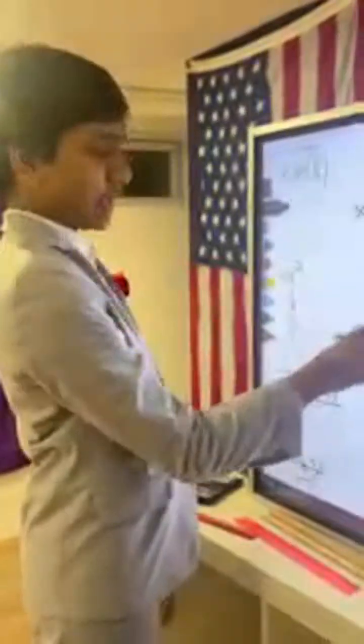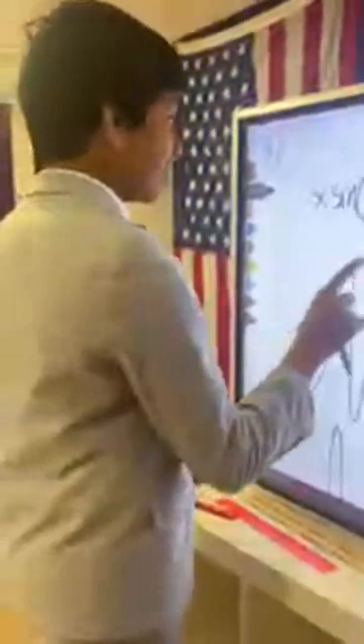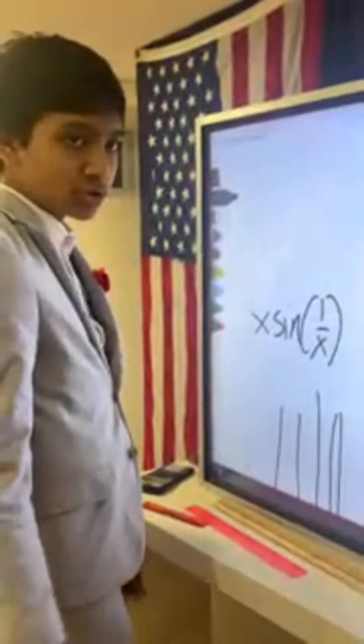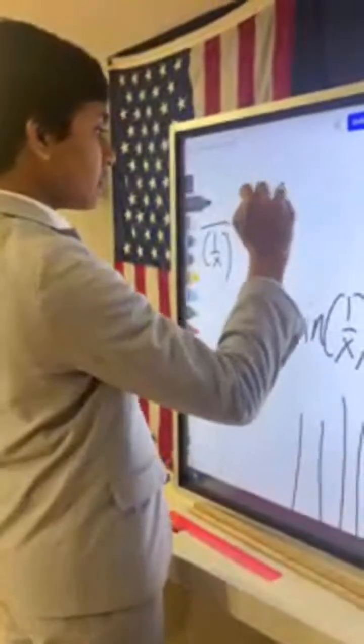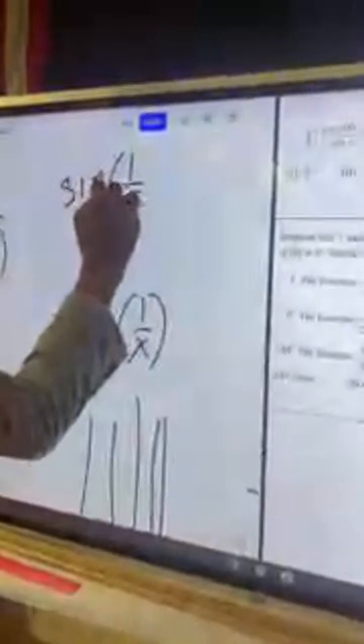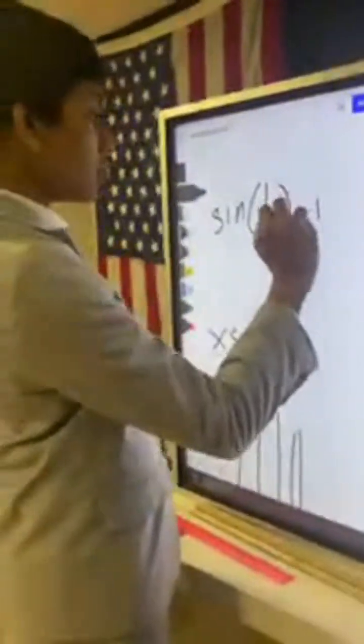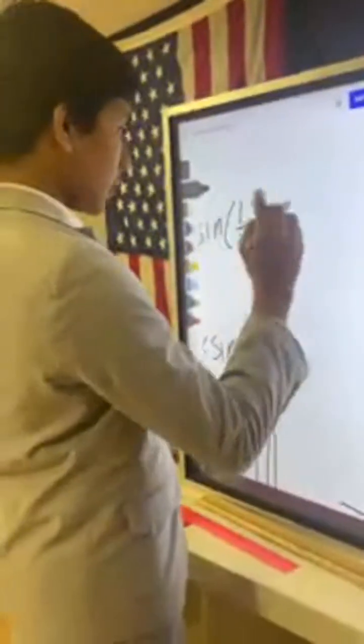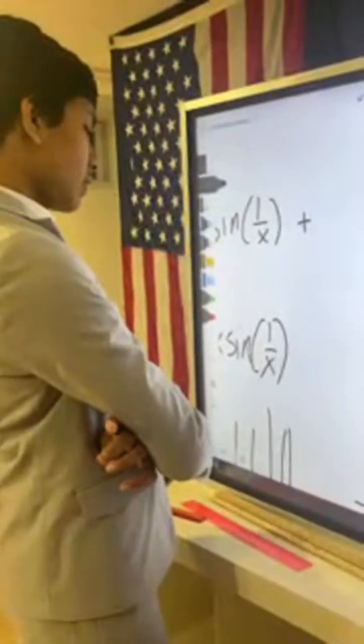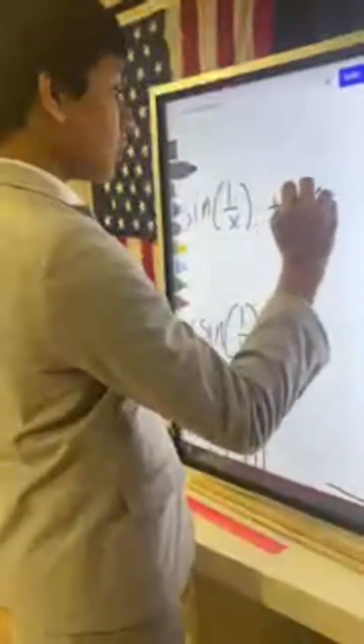So, you can take the derivative yourself to find out if it's continuous or approaches a limit at all. If you take the derivative, you get sine of 1 over x plus x multiplied by negative 1 over x squared, cosine of 1 over x.